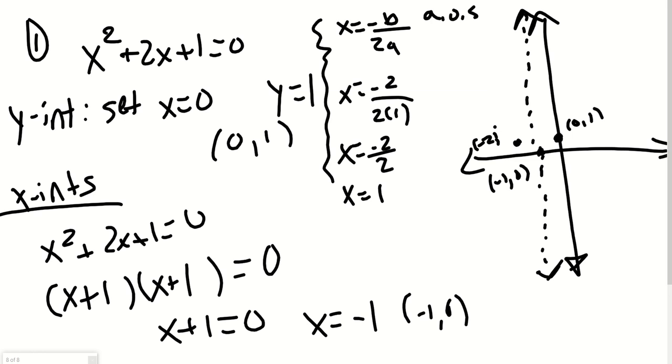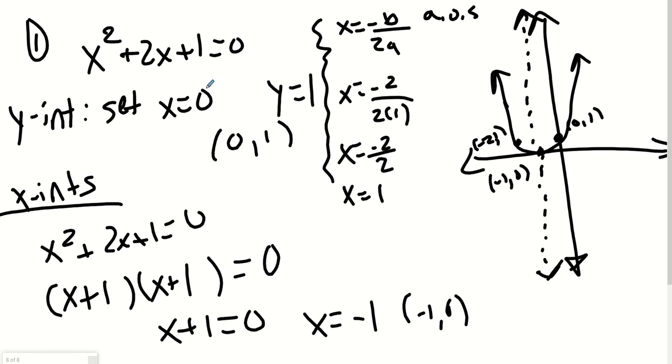Negative 2, 1, because my parabola is symmetric. Obviously my image is not perfect, but you can kind of see that based off the image, okay?